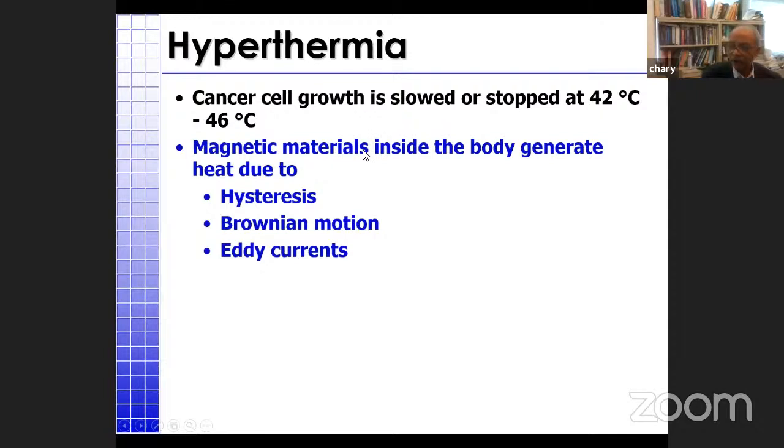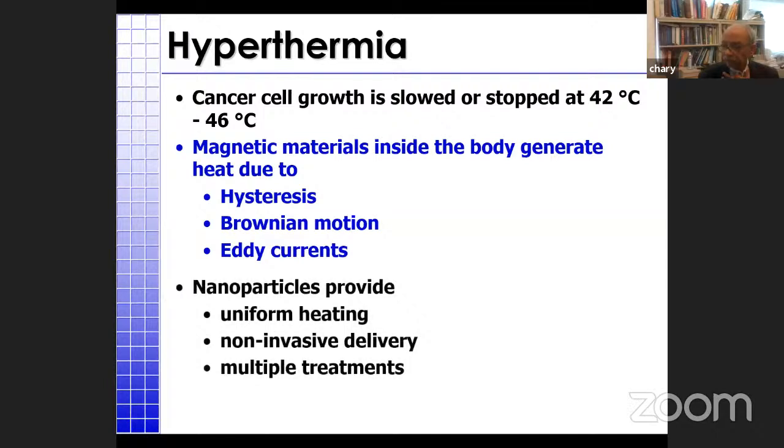So when you inject magnetic materials into the tumor and apply external magnetic fields, especially an alternating magnetic field, it changes the direction of the spin during the course. It has hysteresis loss, Brownian motion, and eddy currents.